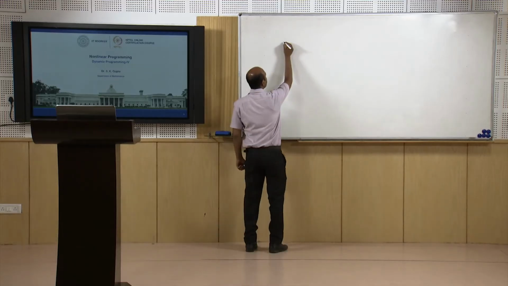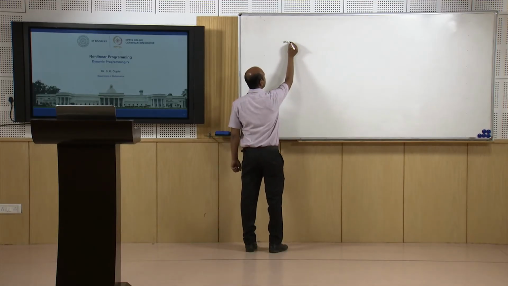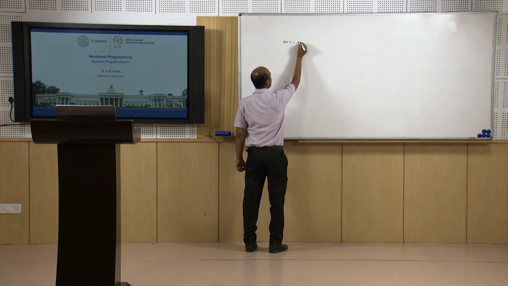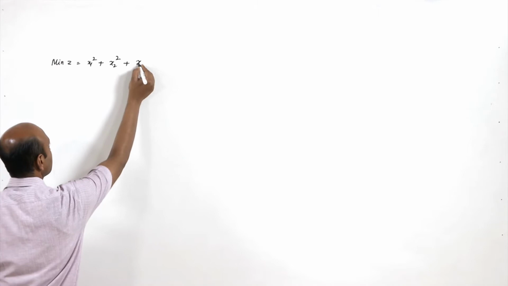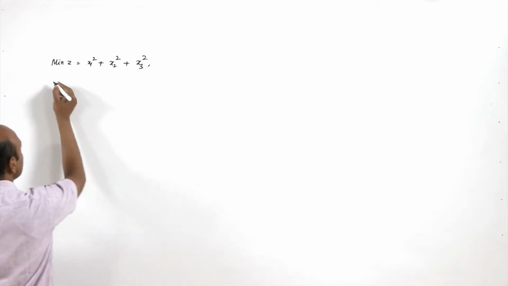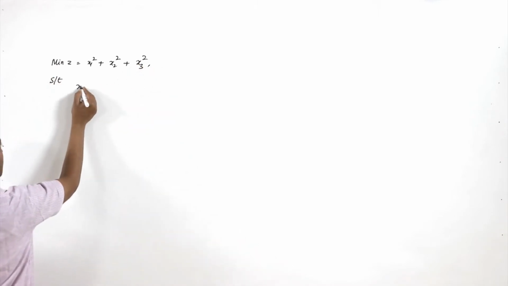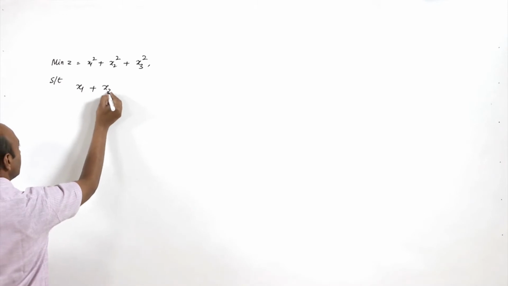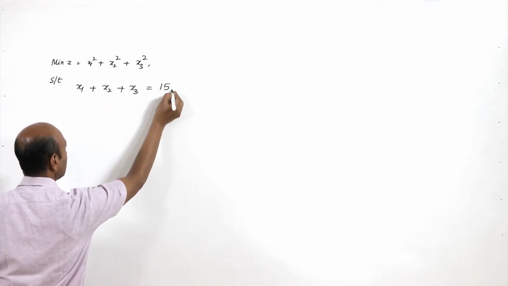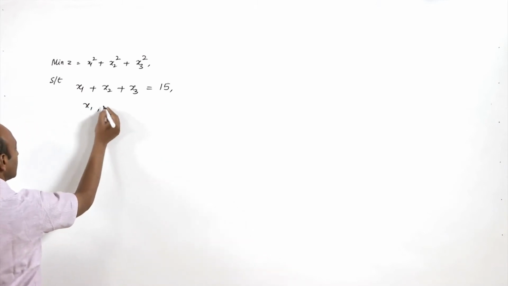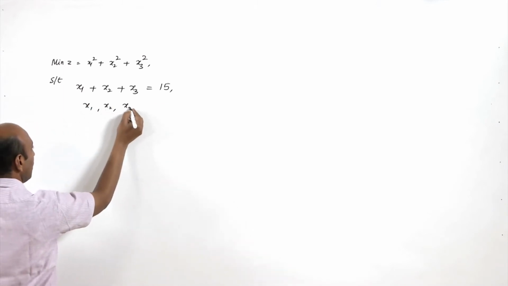Minimize z equal to x1 square plus x2 square plus x3 square subject to x1 plus x2 plus x3 equal to 50, and x1, x2, x3 all non-negative.